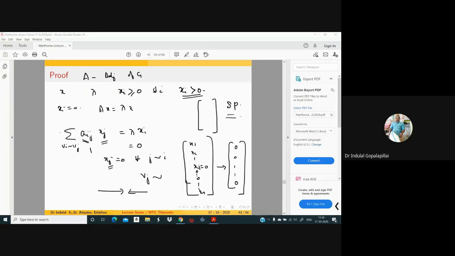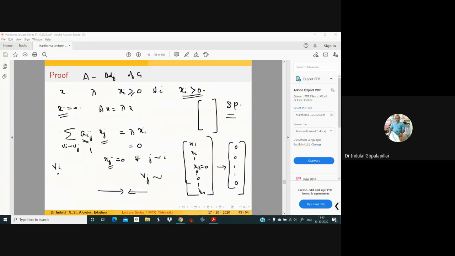Excuse me, sir. After a certain stage, maybe there is a repeated entry, maybe a cycle, like xi1, xi2, up to xik. Some kth components may be repeated. How can we conclude all xi's are 0? Yes. You suppose one xi is equal to 0.